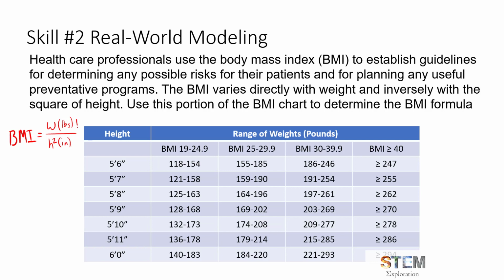And you have some constant of variation, K. And what the table is going to ask you here is to use this portion of the BMI chart to determine the BMI formula. Okay, and so we have BMI, we could just treat this as Y, so to speak, just so we don't have this three-letter acronym thing that we're trying to figure out, where height is H and weight in pounds is W. All right, that's how I have it labeled over here.